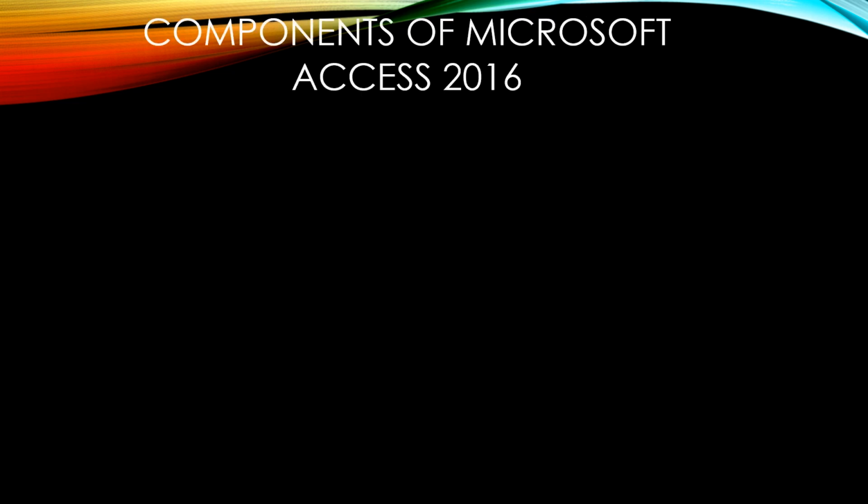Now proceeding further with the components of Microsoft Access 2016. We all know how to open MS Word, MS Excel and MS PowerPoint. Similar is the process of opening Microsoft Access. We will click on Start, All Programs, and open Microsoft Office. Within that you will get Microsoft Access.